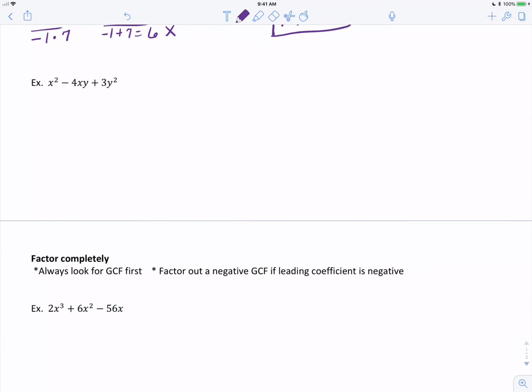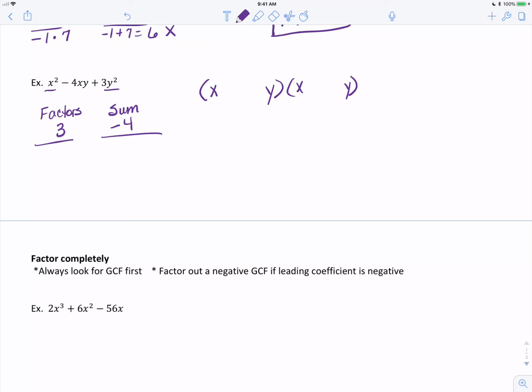Okay, so sometimes people have trouble with these when they've got the x squared and the y squared. Well, just know when you do this, you're going to have the x at the beginning, the y at the end. Okay, so now we're still coming up with what are factors of my c term, which is 3, whose sum is my b term, which is negative 4.